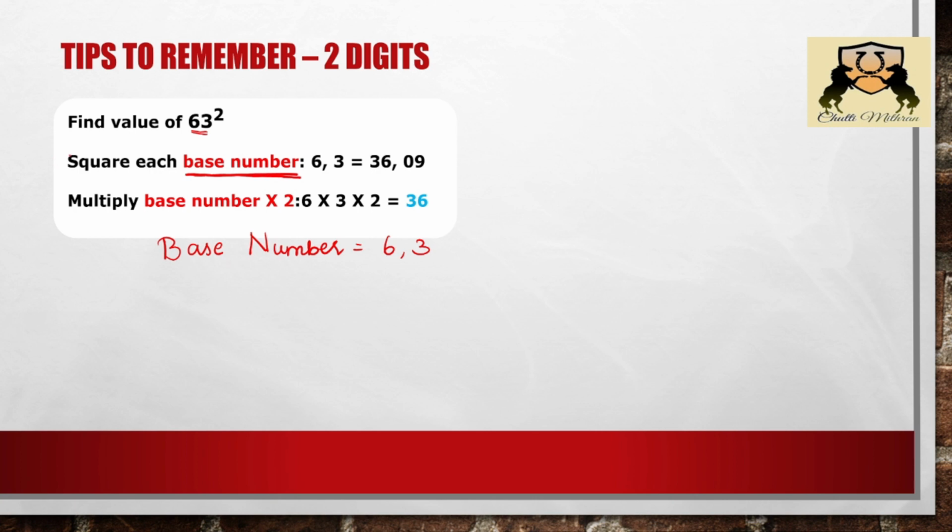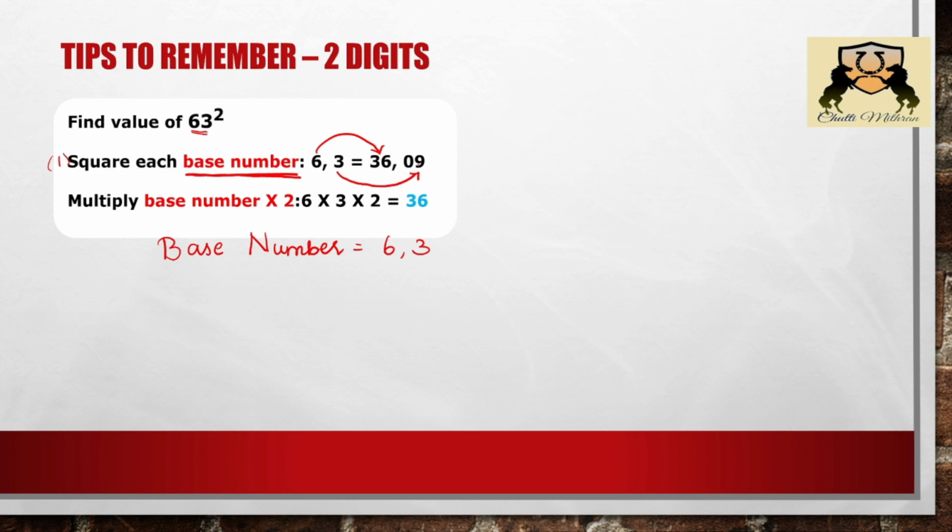So let's go back to the question. The first step to find the square is to square each base number. So the base numbers are 6 and 3. According to our first step, we have to square each base number separately. So 6 squared is 36 and 3 squared is 9.